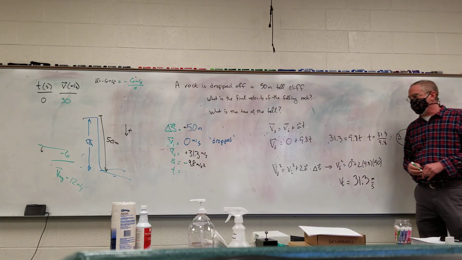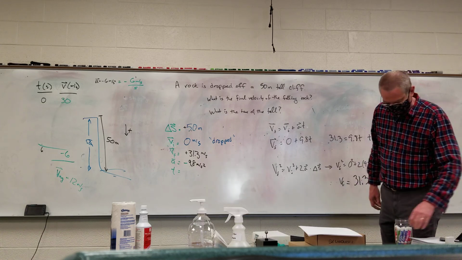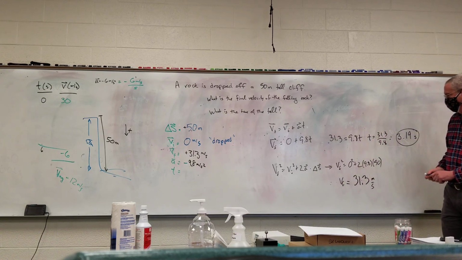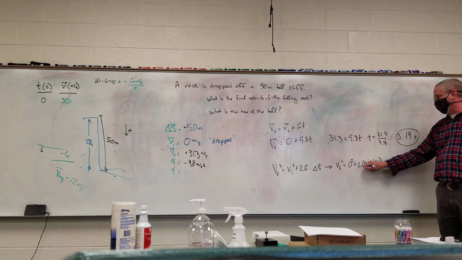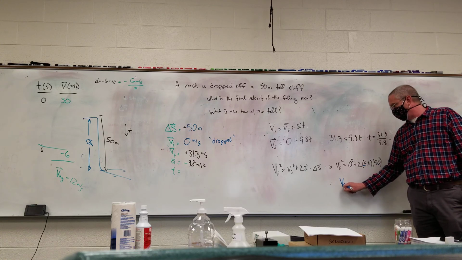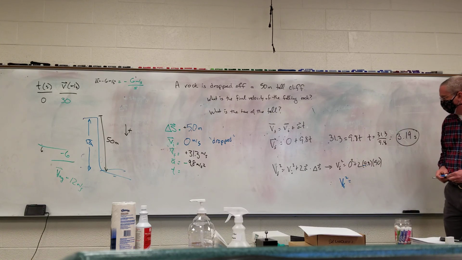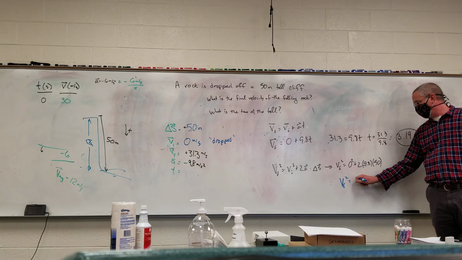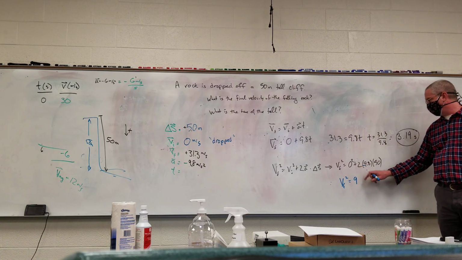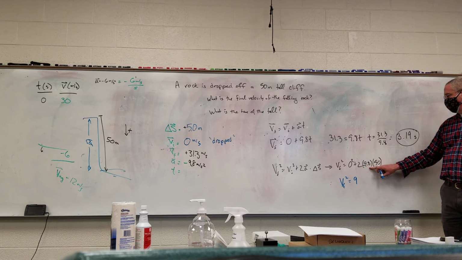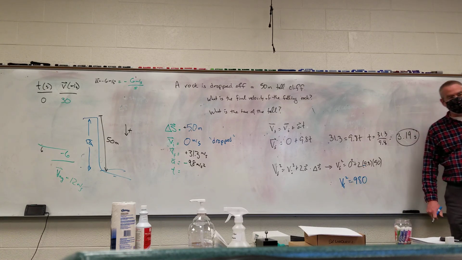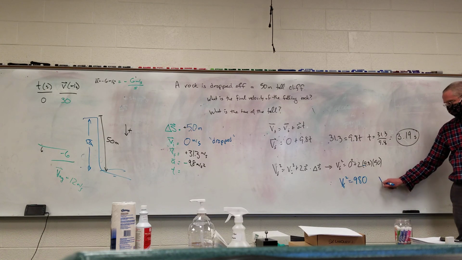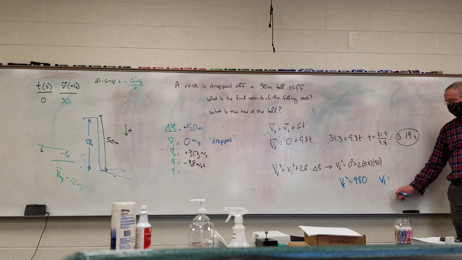Let's see what happens in the equations now. This is now a negative here. So VF squared equals negative 980. And so VF equals what?